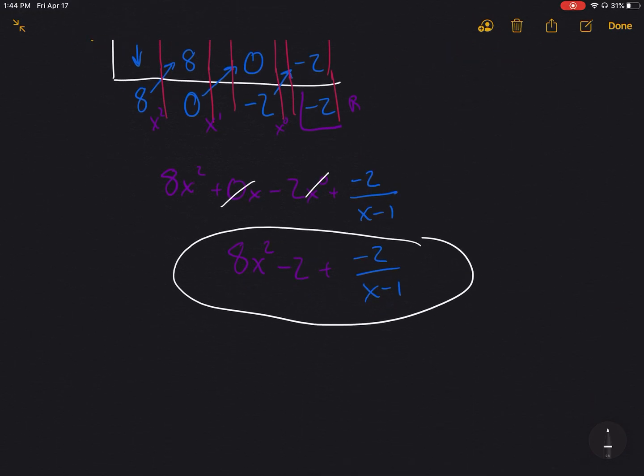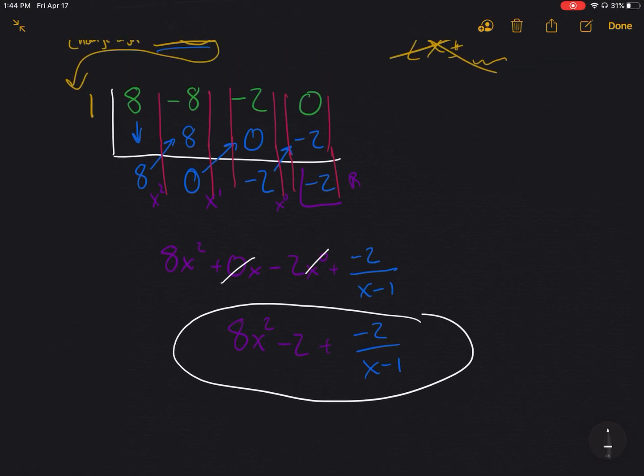Right? So that will be that for our synthetic division video. You will have some problems on your homework, so that's week 2, lesson 3, that talk about checking if something is a factor.